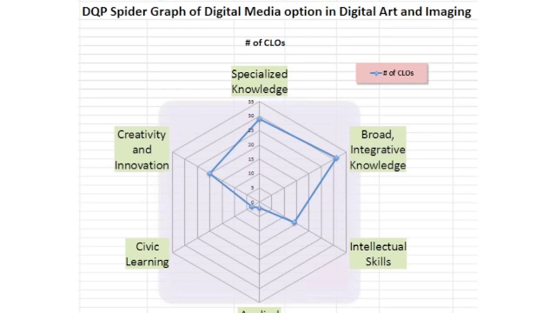So we've got specialized knowledge, broad integrative knowledge, intellectual skill, applied skills, and civic learning, and then the 6th is creativity and innovation. I urge that the people that are running this project add that, make it the 6th one.